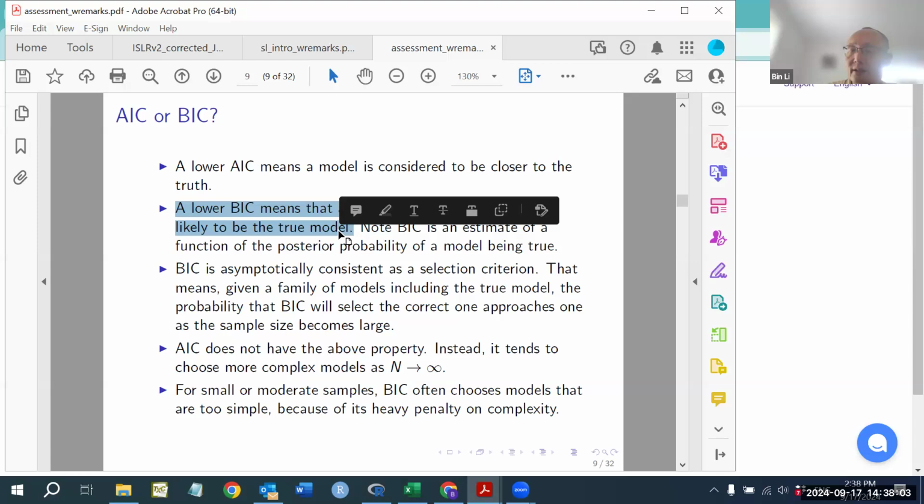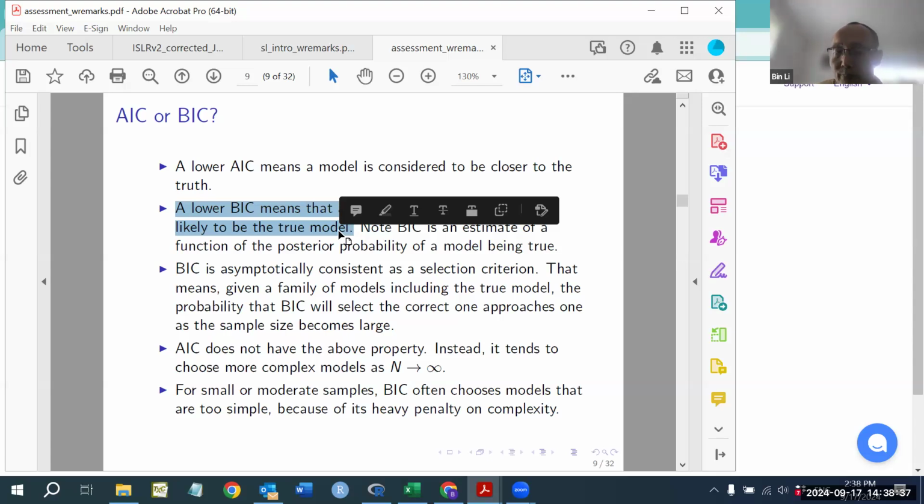Then the optimal model selected by the BIC tends to have the largest chance to be the true model. And that's BIC's approach. And when I say closest to the true model or the highest chance, these are asymptotic properties. Okay, so what is an asymptotic property? Not the practical sense.